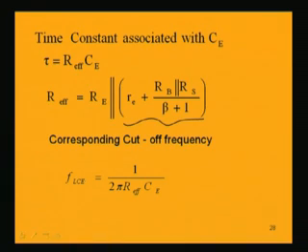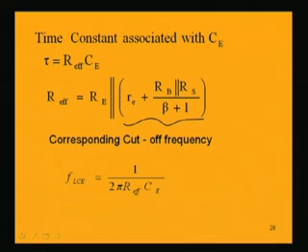So, R naught is this component. So, effective resistance is equal to Re parallel this whole term, that will be giving the corresponding cutoff frequency as FLCE, which is 1 by 2 pi R effective and Ce. This lower cutoff frequency FLCE is due to the emitter bypass capacitor Ce.